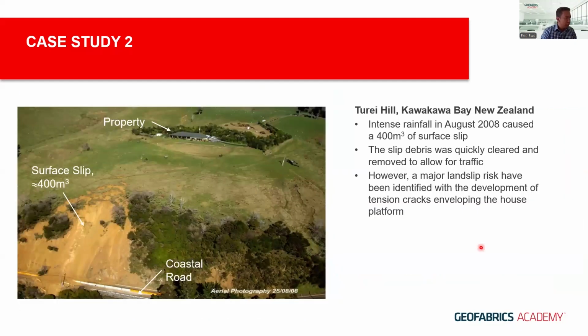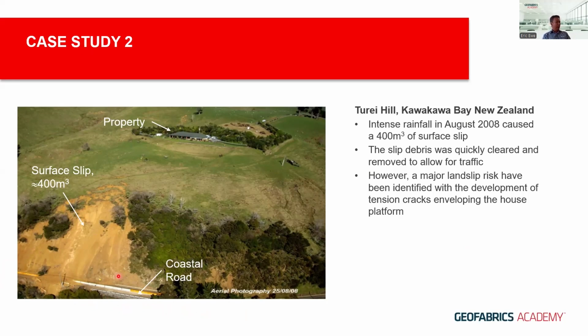Case study number 2 is Ray Hill in Kawakawa Bay. As a result of intense rainfall in August 2008, about 400 cubic meters of surface slip occurred, blocking the two-lane coastal road to the Kawakawa Bay community. Okay, the slip was very quickly cleared and removed by the maintenance contractor.